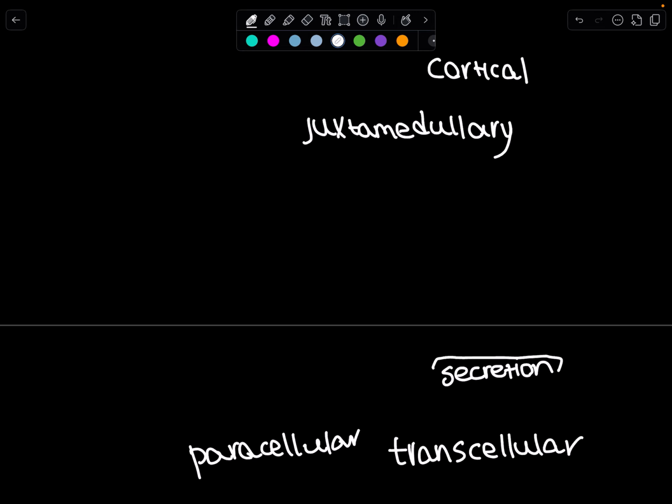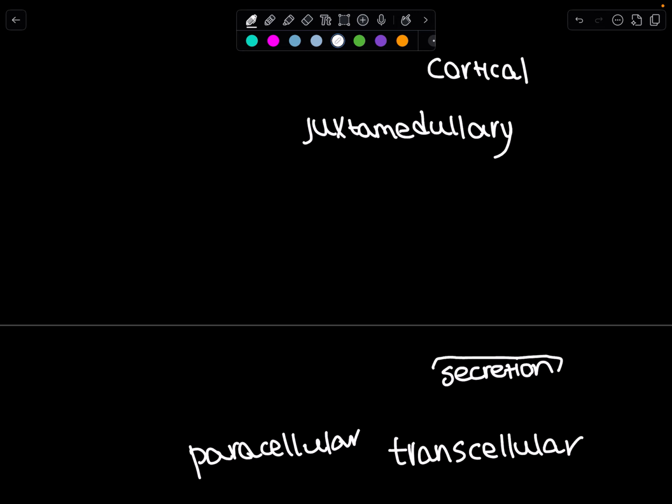Think glucose or sodium being actively reabsorbed in the proximal tubule. Paracellular transport happens between the cells, slipping through tight junctions driven by concentration or electrical gradients, like some water or ions in the proximal tubule. Transcellular is through the cell, paracellular is between cells. Want me to zoom in on examples or mechanisms?